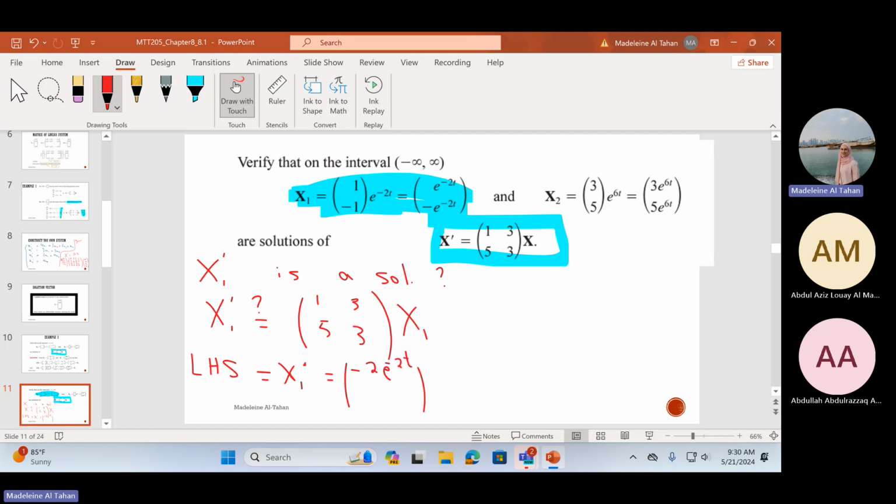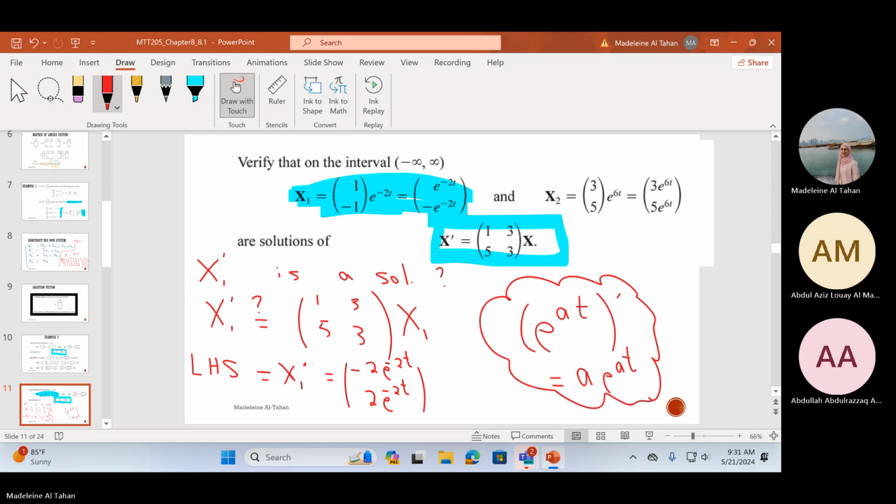Okay, the derivative of negative e to the negative 2t is negative 2 times negative, so it becomes positive. So here, what did we use? The derivative of e to the power at is a e to the power at. Okay, so we found the left-hand side. Now, after the left-hand side, what should we find? The right. Please write it down, and if you finish writing, do the right-hand side.